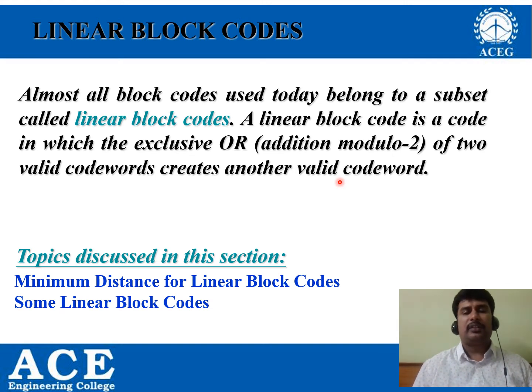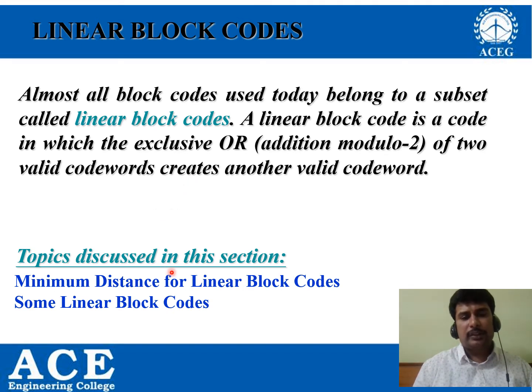For instance, if I take two code words and do the modulo 2 addition or exclusive OR operation of those two code words, the resultant should be one more valid code word.